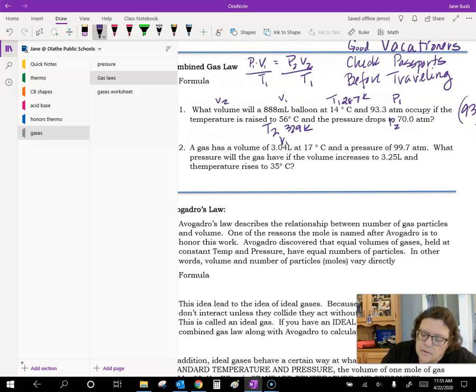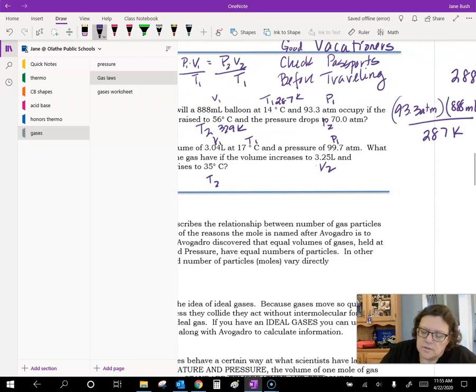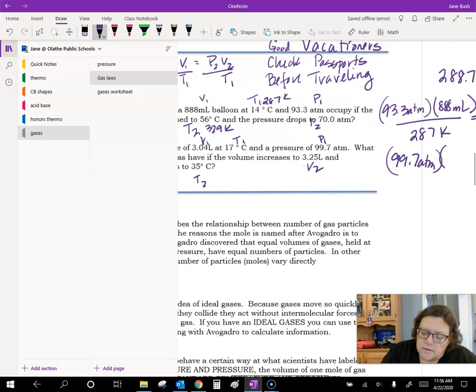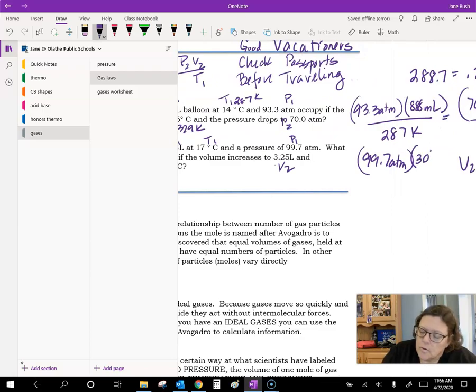Here is V1, T1, P1, V2, and T2. So we have pressure 1, which is 99.7. Volume 1 was 3.04.